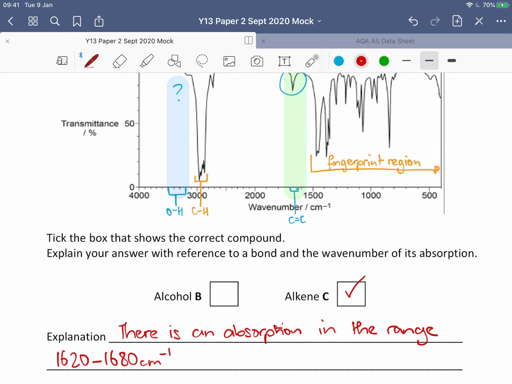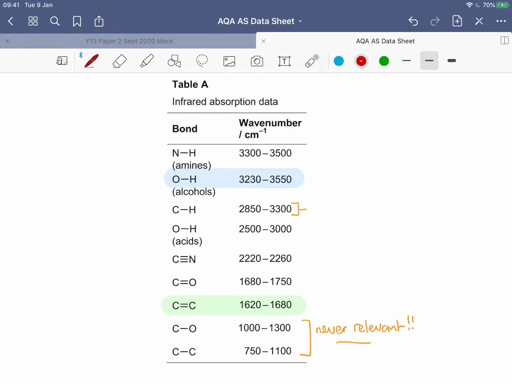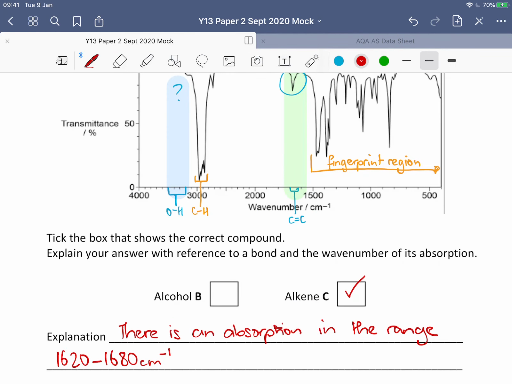Whenever you're identifying an absorption in an answer, you must either give the range of that absorption according to the data sheet. So the data sheet tells us it's 1620 to 1680. Or you must give an absorption value. If you want to give an actual value, your value must be within that range. So I could have said there was an absorption at, and as long as I gave a number between 1620 and 1680, then I would have been correct.